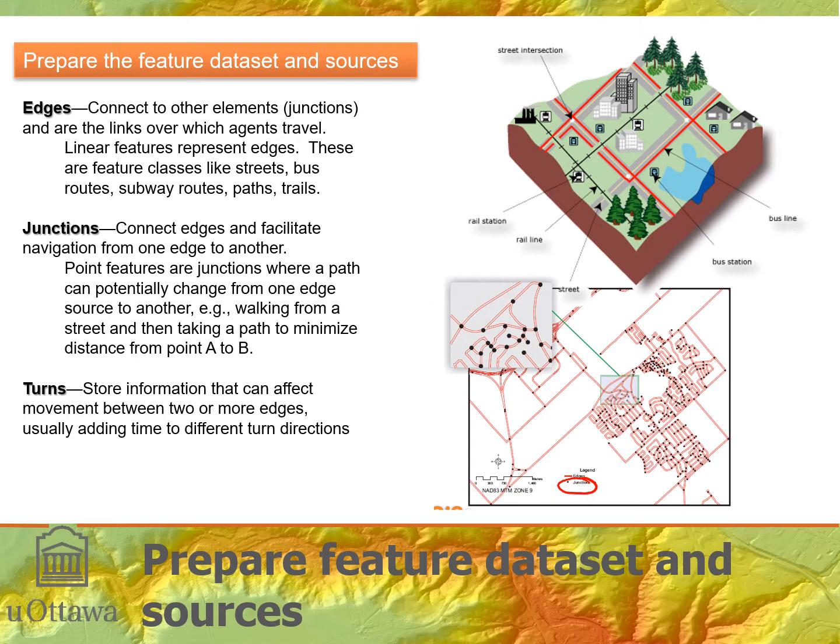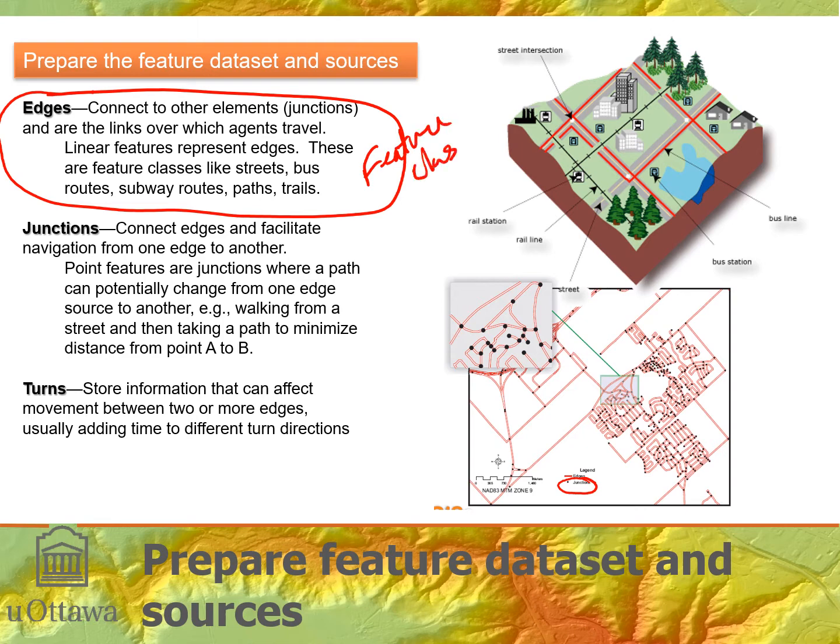And so we need to have a dataset that contains the edges as the source. So the main data layer, feature class, with edges. And we tell ArcGIS how to use the edges to create the junctions.